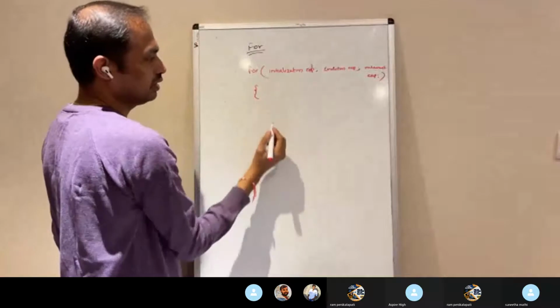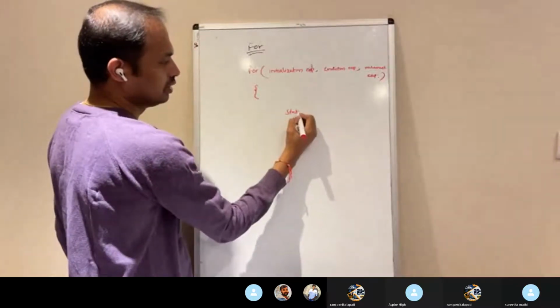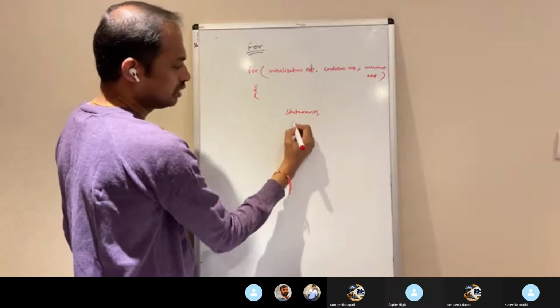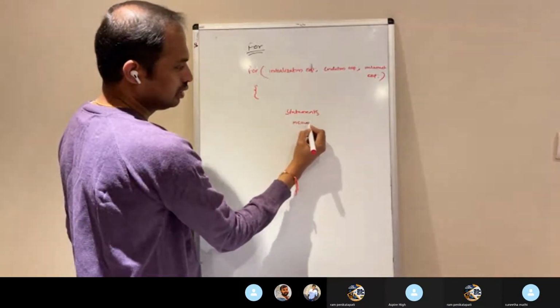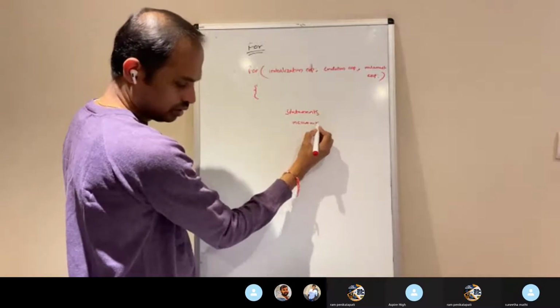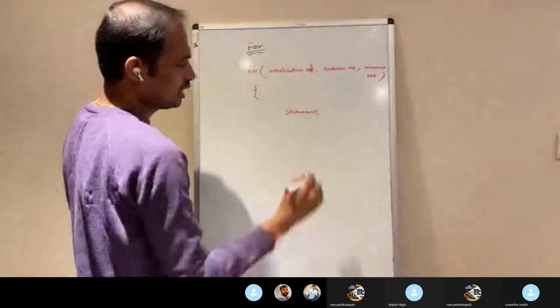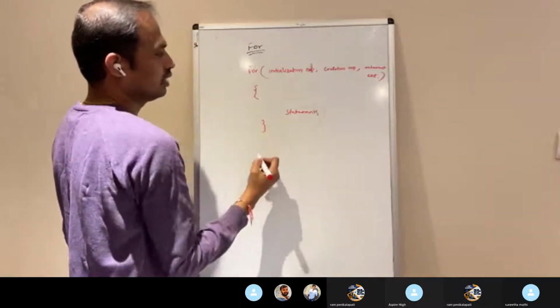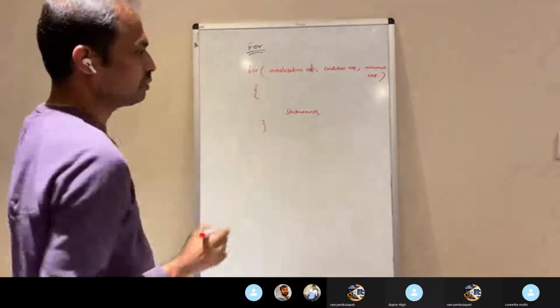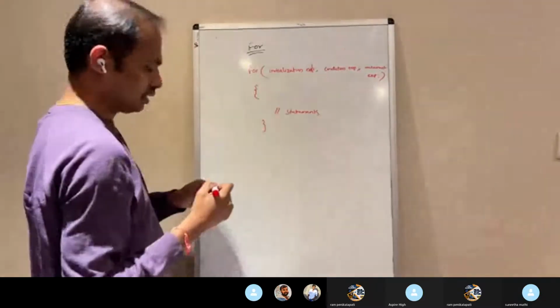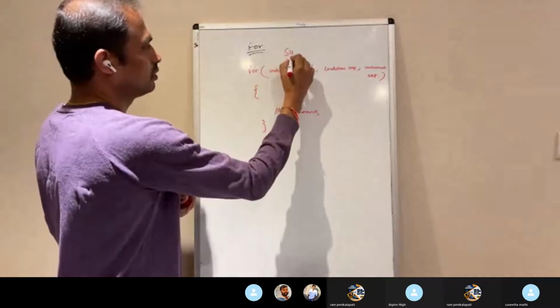Then it will open, print the statements. Increment, it's happening here. So statements, then this is the syntax of the for loop.